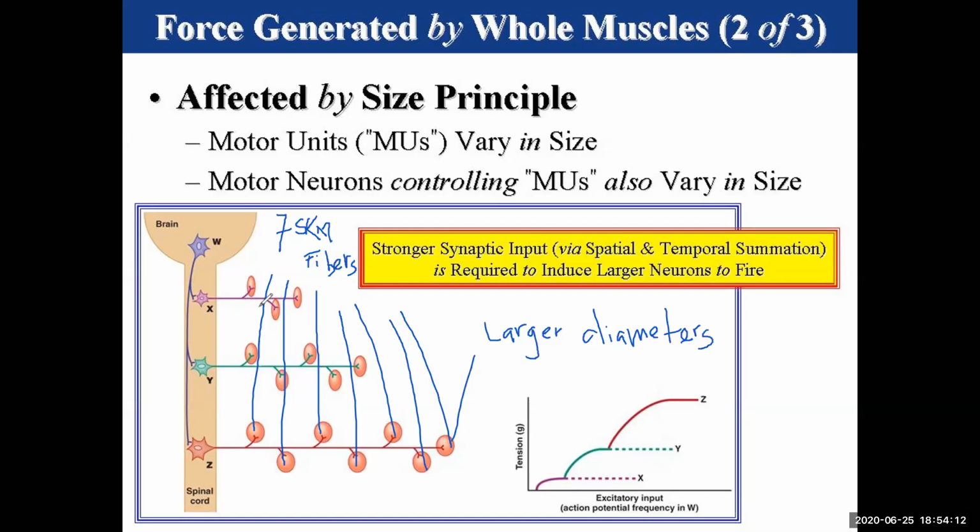So when you do a surgical procedure, you want to mobilize a small motor unit like motor unit X. But if you want to kick a football like 60 yards downfield, then you might want to mobilize a large motor unit like motor unit Z here that can innervate up to 4,000 skeletal muscle fibers.